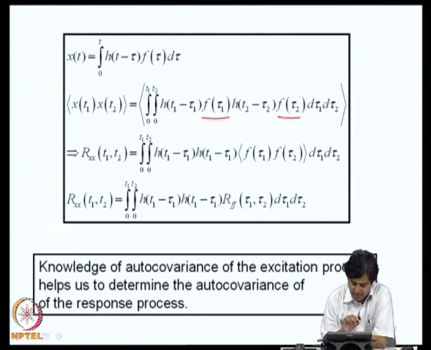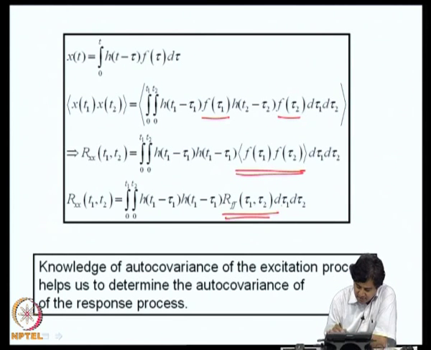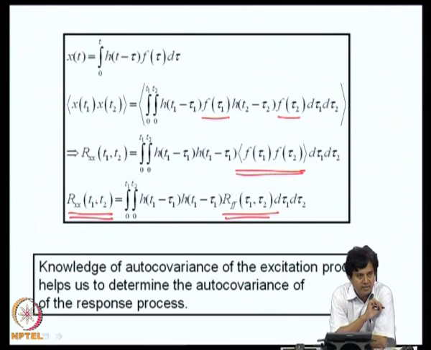I can rearrange the terms and we will assume that this integration and the integration associated with expectation are interchangeable. If we do that, the expectation operator can be taken inside the integral. Now, this is a deterministic quantity because it is nothing but the autocovariance of f of t. If we know that, through this relation I can get the autocovariance of x of t.